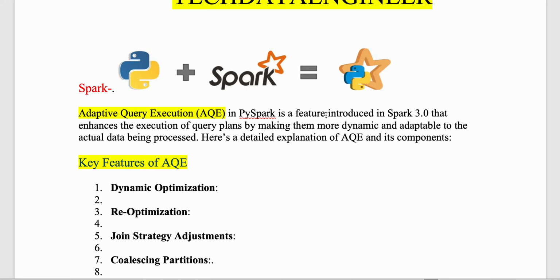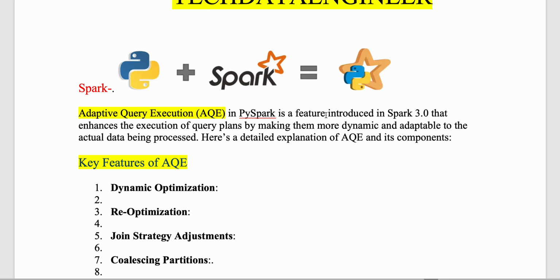The second point is re-optimization. As Spark processes data, it can gather statistics about the size of the data being processed, which can lead to better decisions for join strategy, partitioning, and other optimizations. Suppose a join operation is expected to involve a large data set, but it is found to be much smaller. Then Spark can switch to a more efficient join strategy.